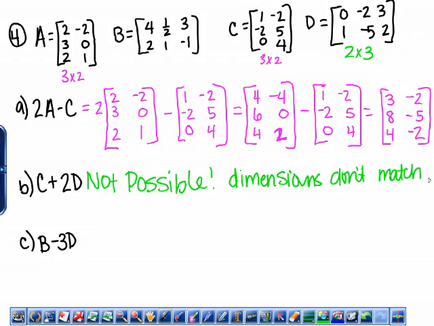Okay. B minus 3D. We know the dimensions of D are 2 by 3. What are the dimensions of B? 2 by 3. So can we do this?